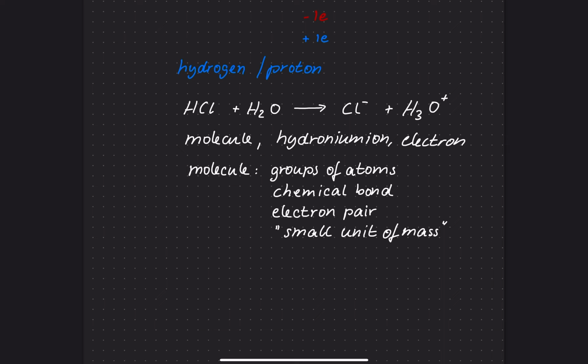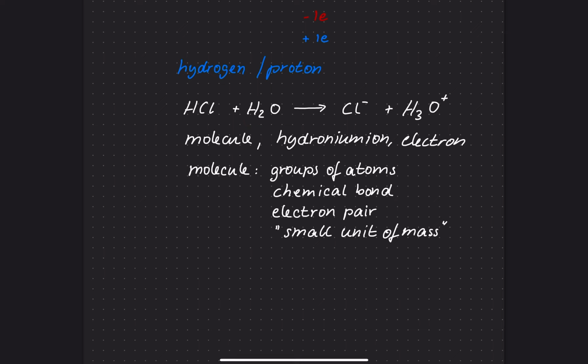For example, HCl. There is one hydrogen atom and one chlorine. So there is a 1-to-1 ratio here. And then there are molecules that have a 2-to-1 ratio, like water.